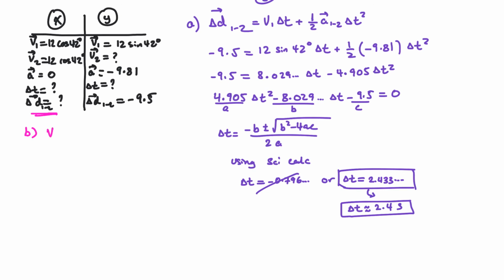We know that in the x direction, velocity is equal to the displacement over time, and that's the only equation we use from the x direction because acceleration is 0. The displacement is equal to the velocity multiplied by the time. Velocity for us is 12 cosine of 42 degrees multiplied by the change in time, which I found from the last part to be 2.433.